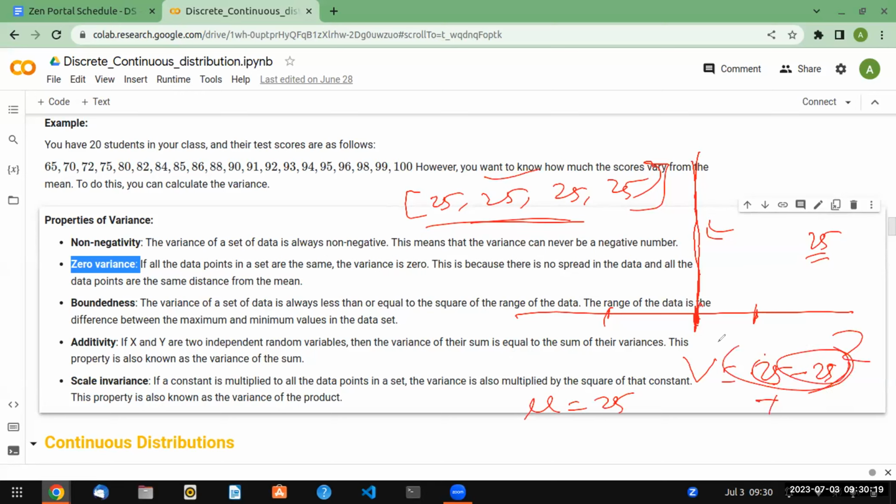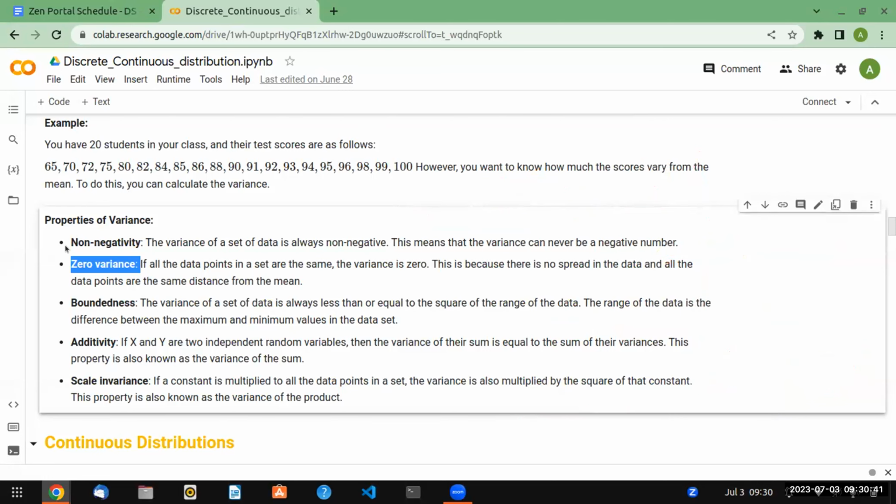Everything will be 0, so variance is automatically 0. This is again an analogical thought: variance means how spread out your data is from the mean. So variance can be 0 but may not be negative. Correct. So non-negativity and zero variance, understood.